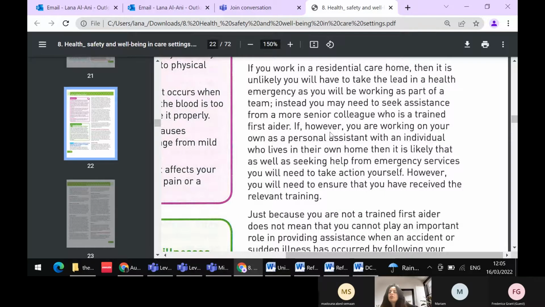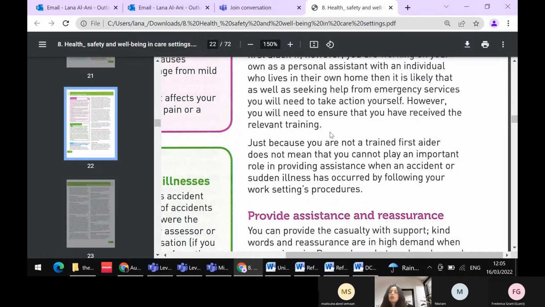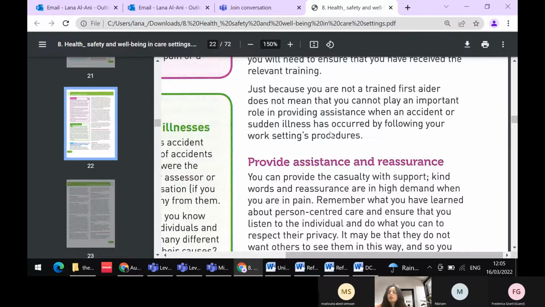And also, even if you're not trained, you still need to be empathetic to the person, sit next to them, talk to them properly, make sure they are not scared, they are not worrying about themselves. Make sure that people are not gathered around them, because this will make them even more scared if they are in the nursing home. And also you need to ensure that you know what's person-centered.